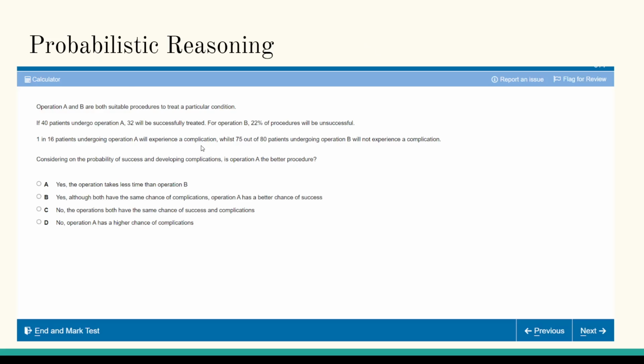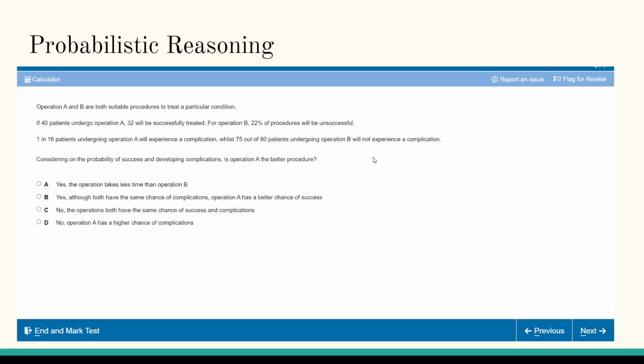The whole reason why this is called probabilistic reasoning is you are given probabilities here and here to work out which one is the better procedure. We see that there are 40 patients that underwent operation A, 32 were successful. For operation B, 22 were unsuccessful, which must mean around 78% for operation B were successful.